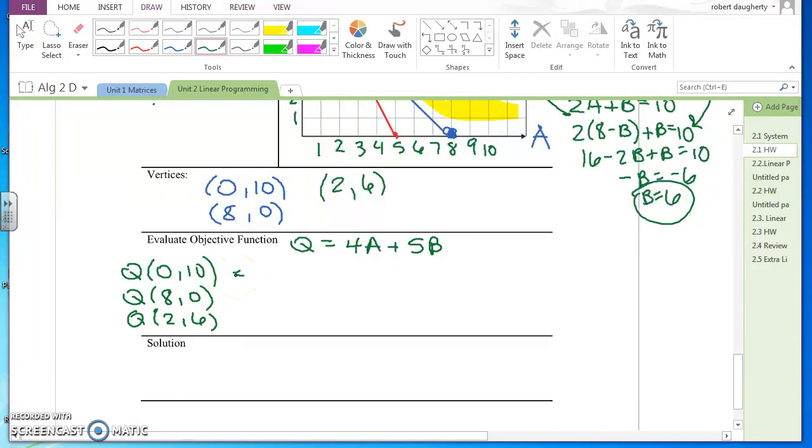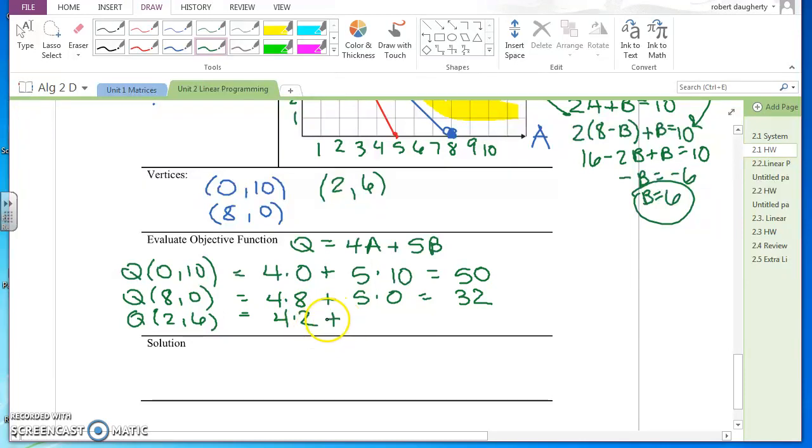When I substitute the values of a and b, for 0, 10, I get 4 times 0 plus 5 times 10. That's 50. And at 8, 0, that's 4 times 8 plus 5 times 0. That's 32.